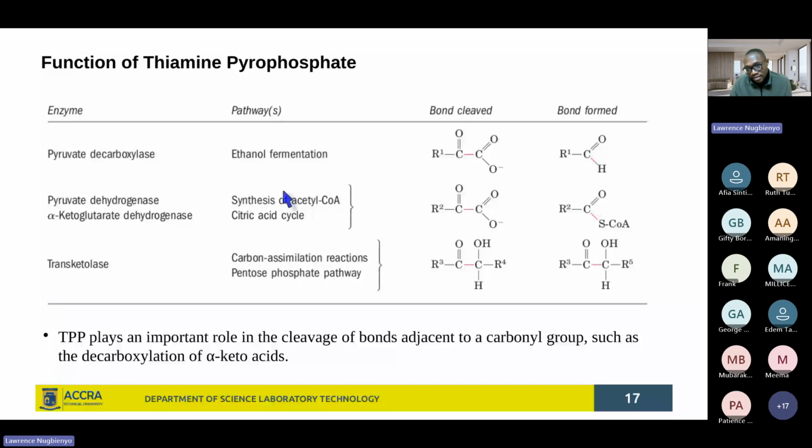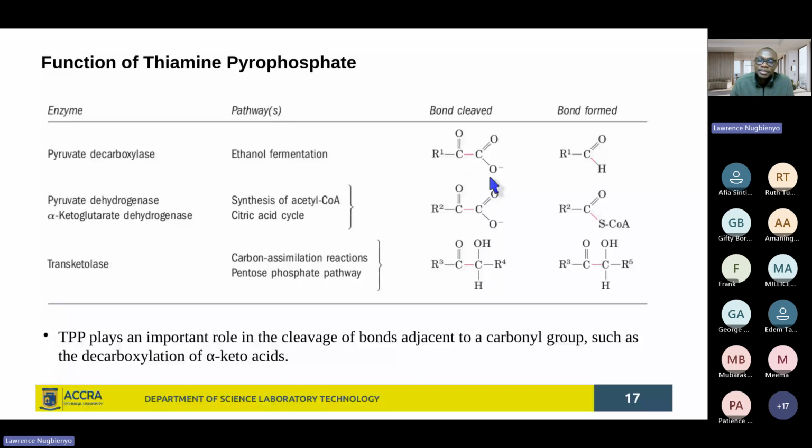You first of all will have a process of decarboxylation. The carboxyl group is removed, and then you have a further reduction reaction. So what you see here, the bond that is broken by pyruvate decarboxylase is shown in red in pyruvate. That bond, between the carbonyl groups, the carboxyl group will be broken off.